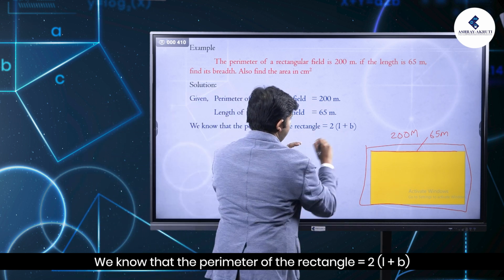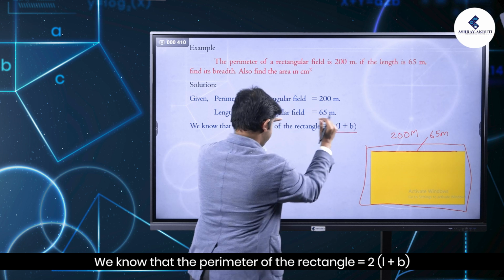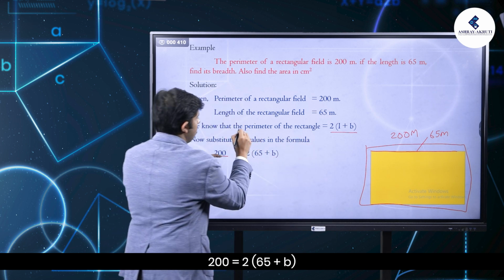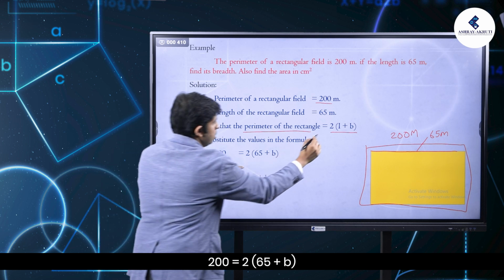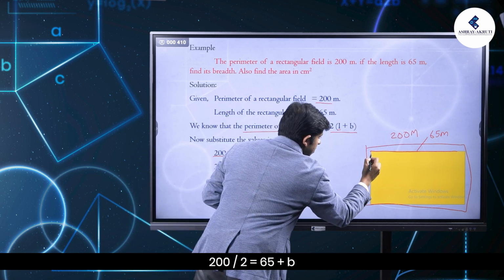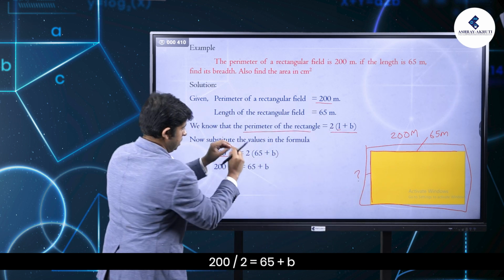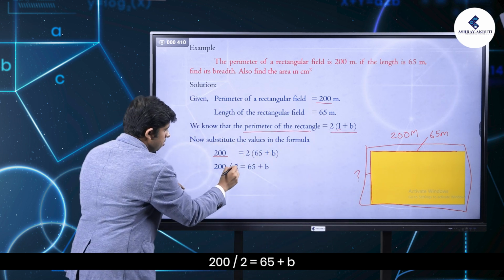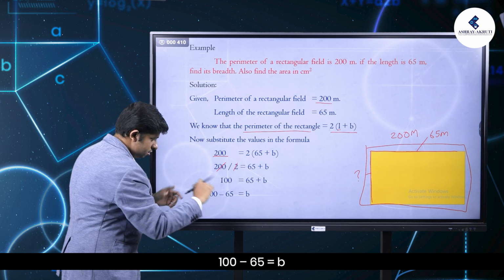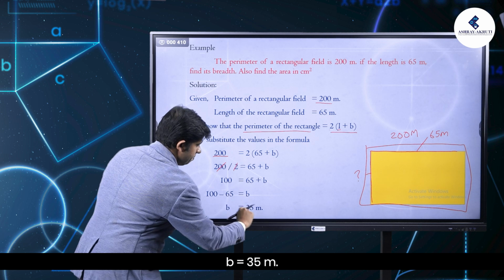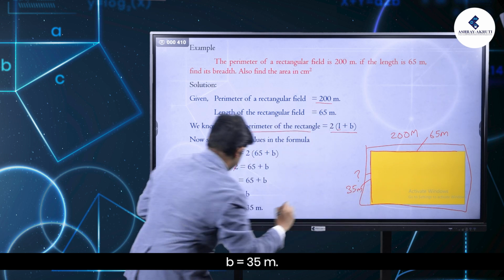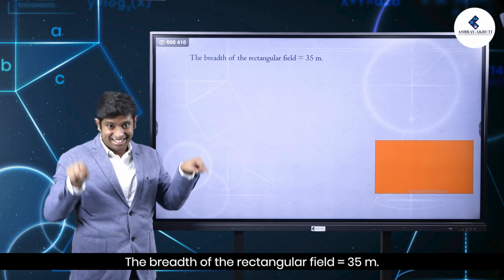We know that the perimeter of the rectangle is equal to 2 of L plus B. Now substitute the values in the formula. 200 is equal to 2 of 65 plus B. 200 by 2 is equal to 65 plus B. 100 is equal to 65 plus B. 100 minus 65 is equal to B. B is equal to 35 meter. The breadth of the rectangular field is equal to 35 meter.